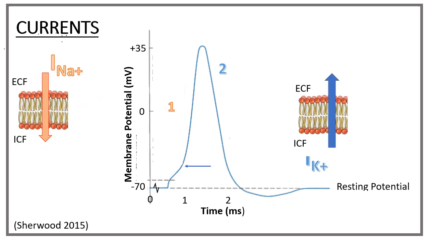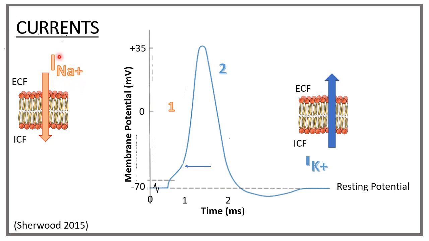Okay, this slide shows us the currents associated with that voltage profile, where again, we have the voltage profile shown, membrane potential in millivolts as a function of time in milliseconds. And here is our action potential voltage profile.